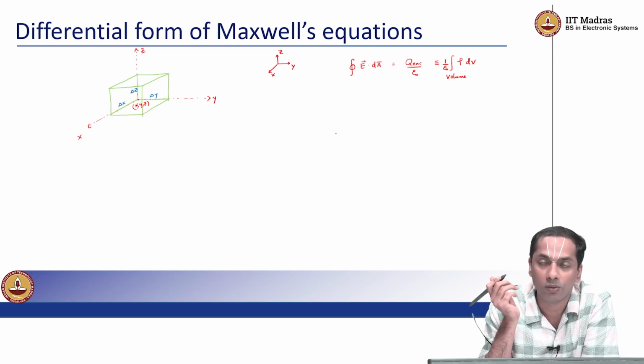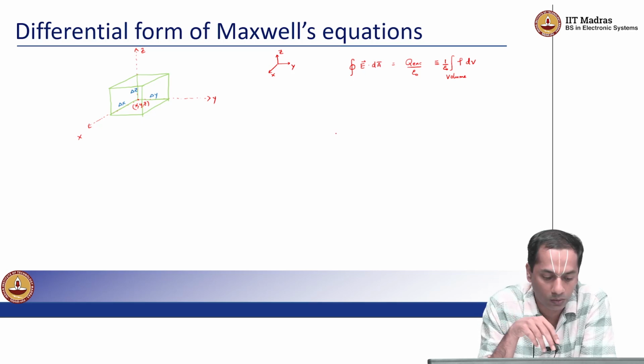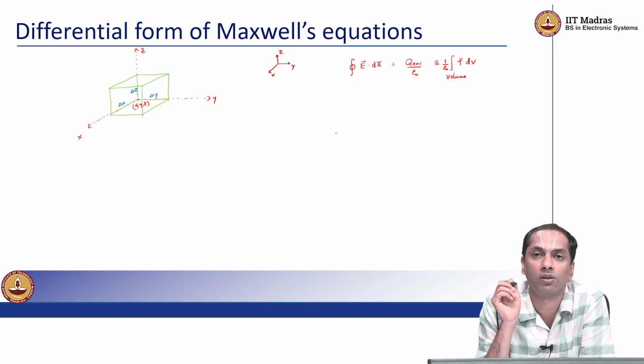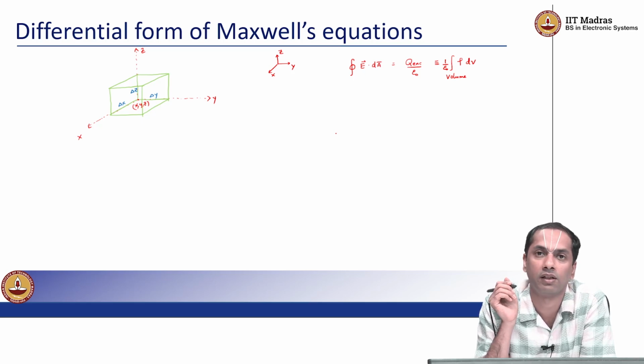Now we are going to evaluate E dot dA around the surface of this cube. The cube has 6 faces, and for each of these faces we can evaluate the E dot dA.